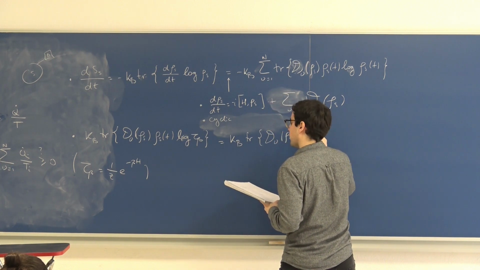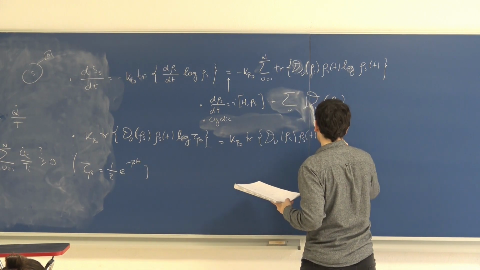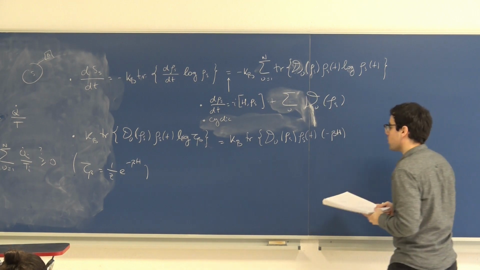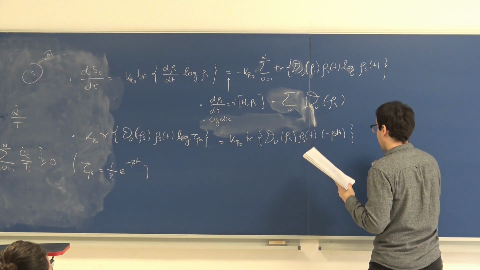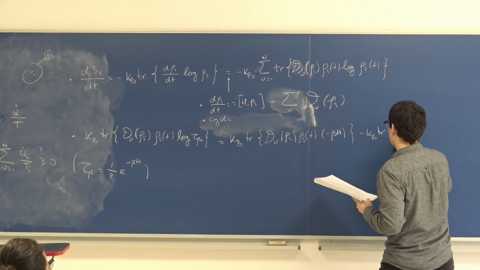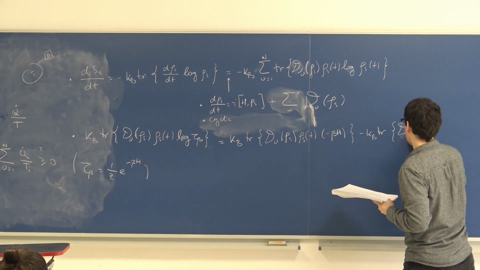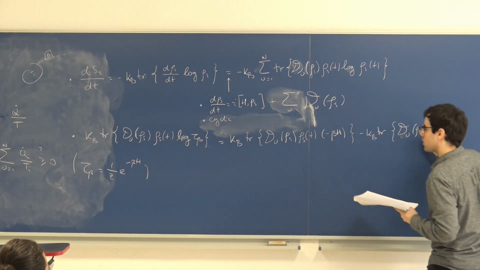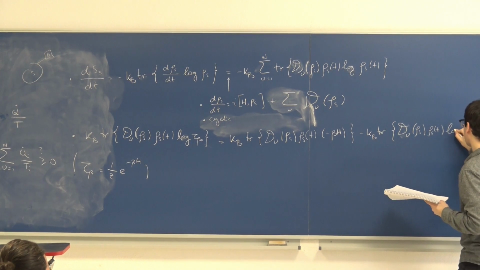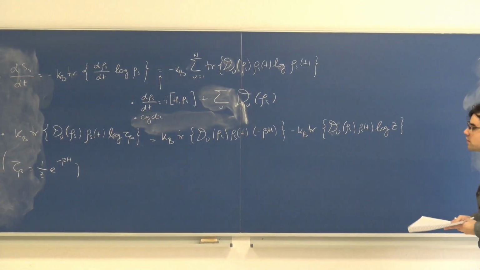The first part remains equal, but the logarithm there will give you a minus beta H. And you will also have, in case B, a trace of the dissipator part, D rho_S(t), and the logarithm of the partition function, right?